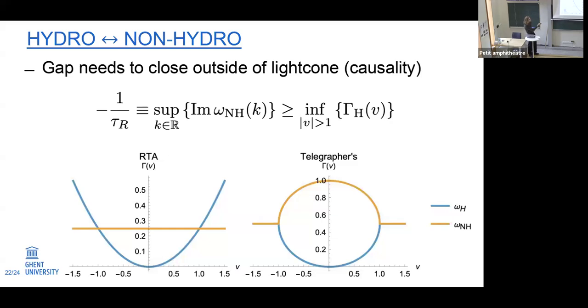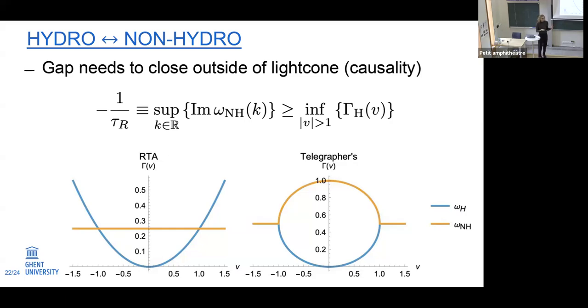Similarly, this is for the Cattaneo equation, or Israel-Stewart, or whatever you want to call it, where you essentially just have a single mode approximation. You also see that you now have two modes which will cancel each other exactly when you're outside of the light cone. But once again, you can't put this non-hydrodynamic mode too deep into the complex plane, because otherwise your theory would start violating causality.